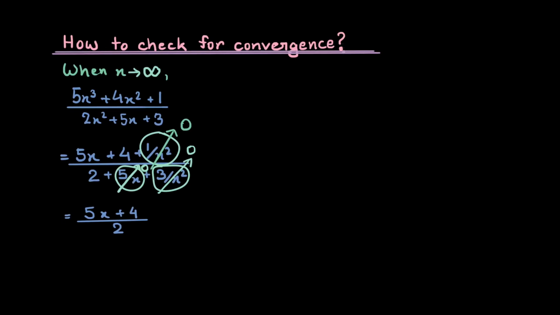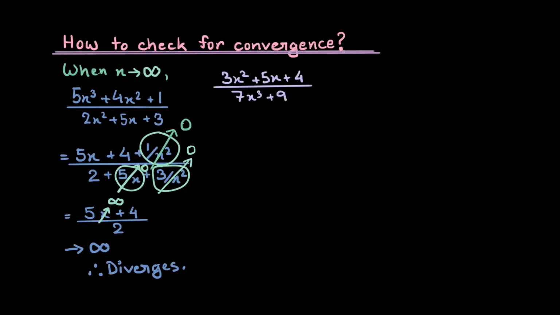As x is approaching infinity, you replace x with infinity, and you see that the numerator is equal to infinity. So we do have the fraction approaching infinity as x is approaching infinity. So you can say that this fraction diverges.